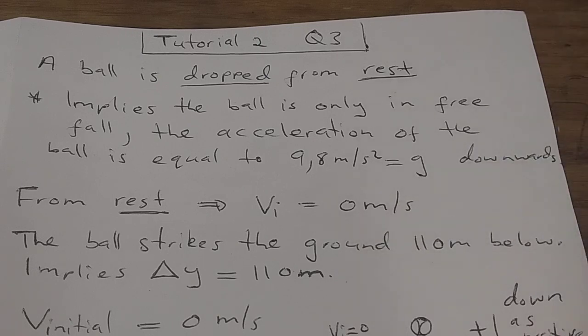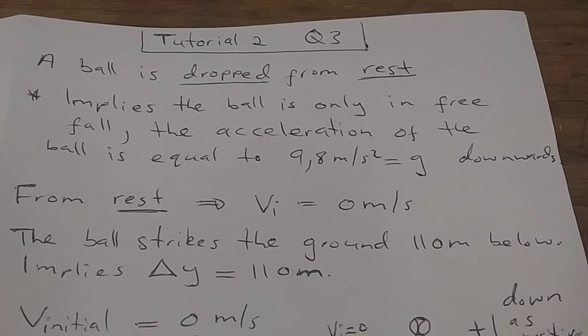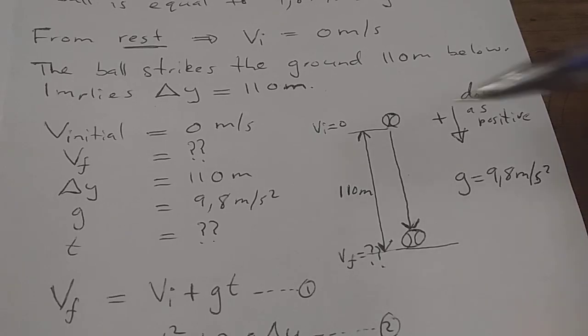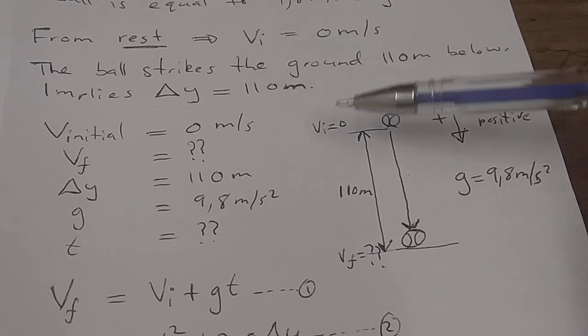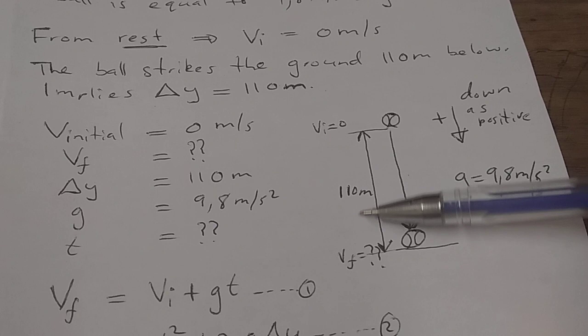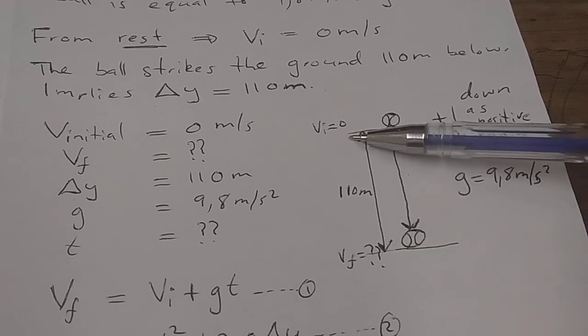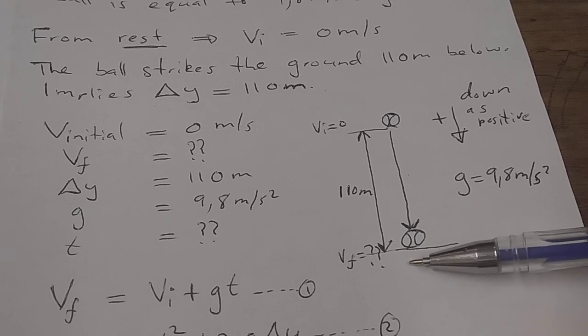Okay, so basically what we are going to do next is find the initial velocity, and then we sketch the picture of what is happening. So this is what is happening here. We have our initial velocity, the ball is here, and then this is the distance below the point of dropping until it hits the ground here.